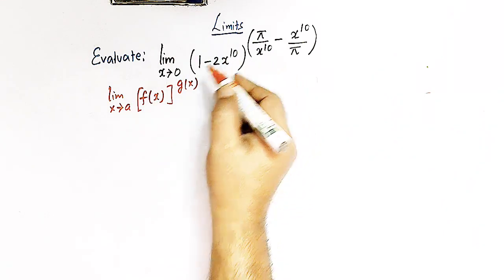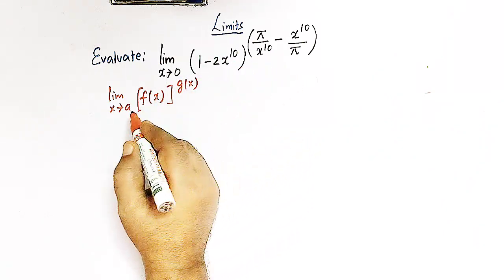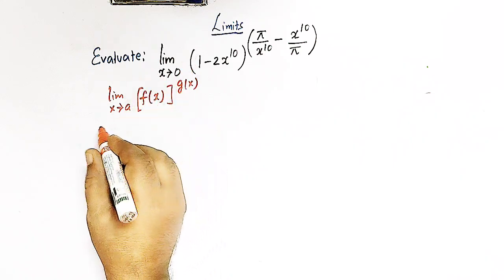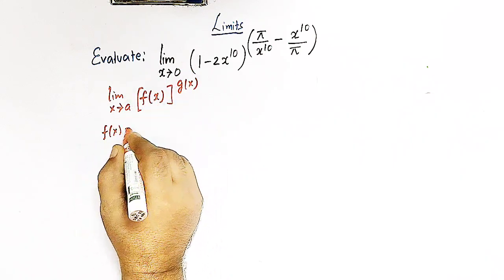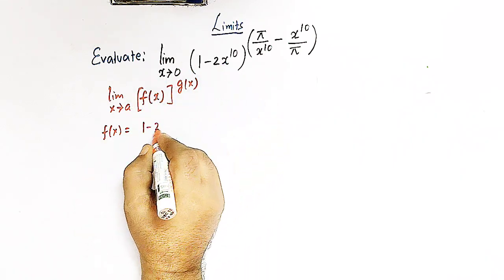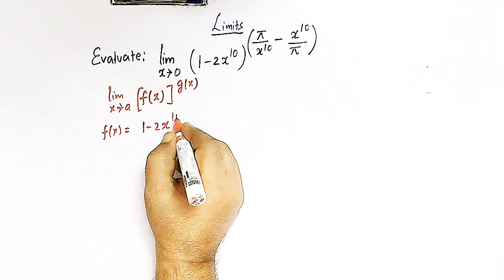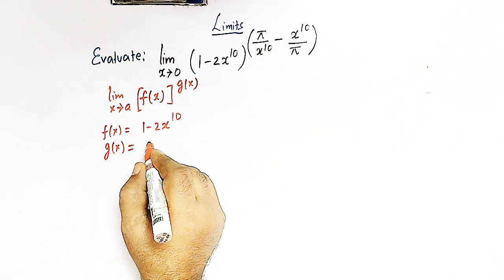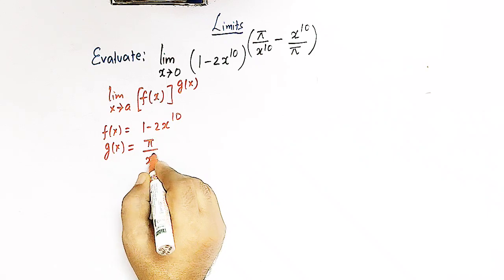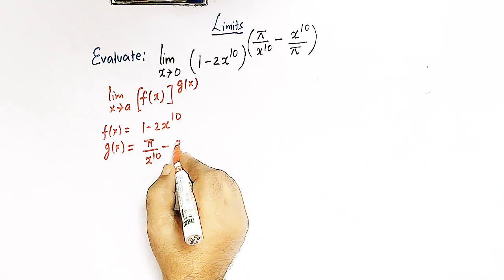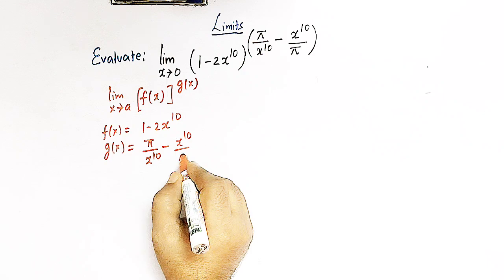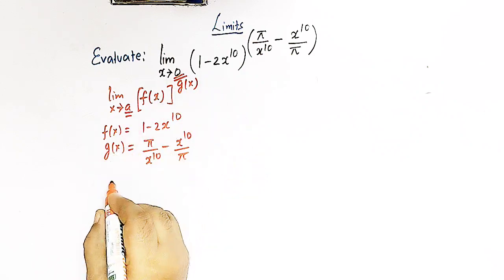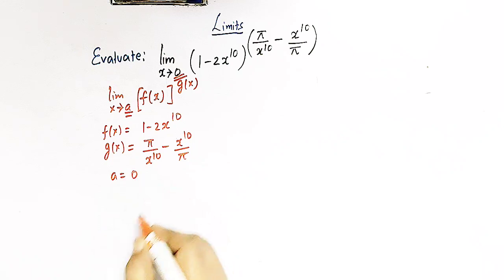So now if we compare these two limits, then we can see that this limit is of this form. So f of x is given by 1 minus 2 times x raised to 10, and g of x is given by pi over x raised to 10 minus x raised to 10 over pi, and here the value of a is given as 0, right?